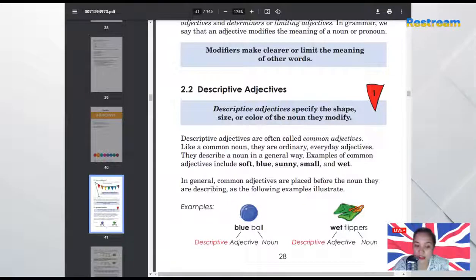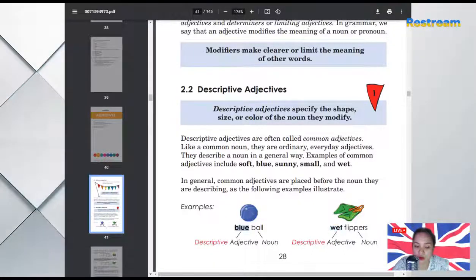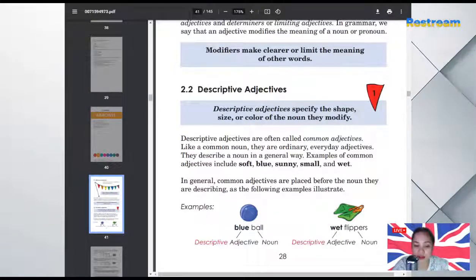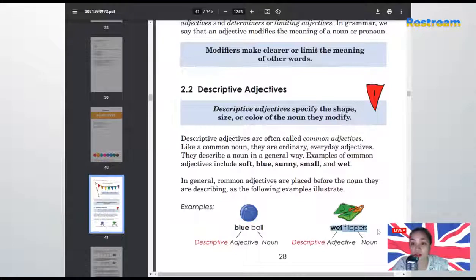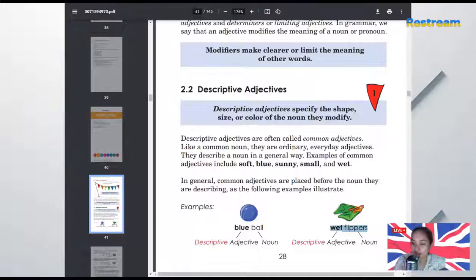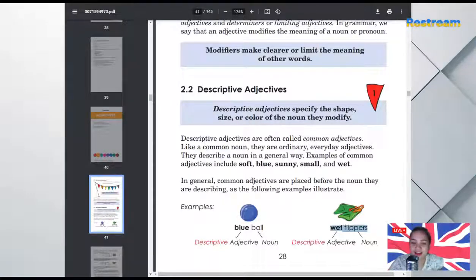As you can see, both of these examples start with a descriptive adjective, like wet and blue, and are followed by a noun, like ball and flippers. So again, we have the blue ball and the wet flippers. Understood? I hope we are all clear.